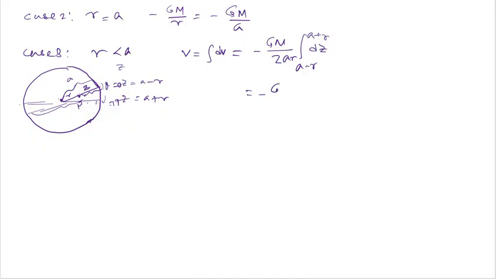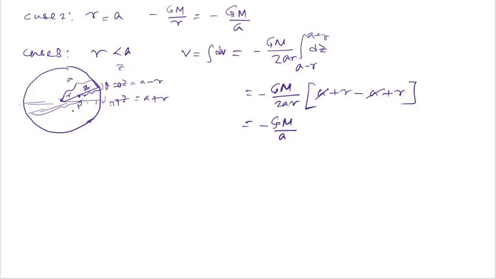Now this will become minus GM by 2ar times, directly writing, a plus r minus a plus r. Here a will get cancelled, so it will become minus GM by a.